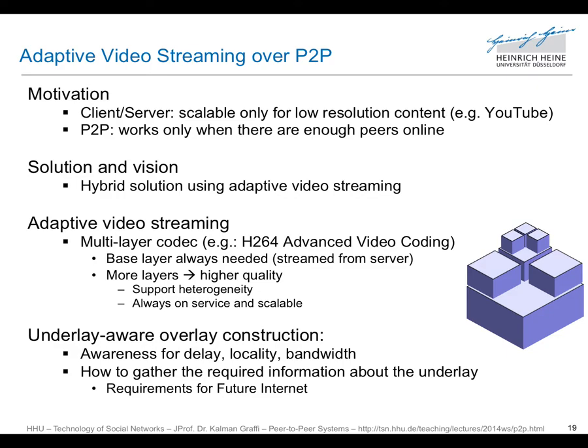If you download more packets, you have more information and the quality gets better. If you have the base packet, you have the minimum quality. If you select for the same time frame a second packet, a second module, then the resolution gets bigger or the compression gets better. And we could use this kind of video codec to match it to the video streaming.